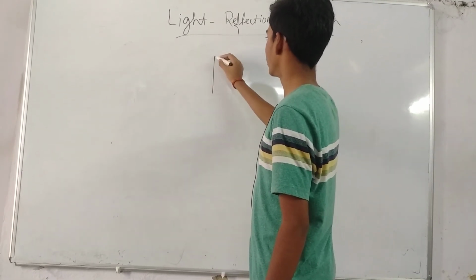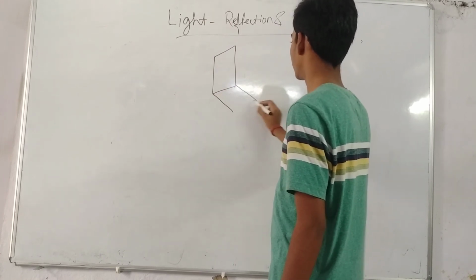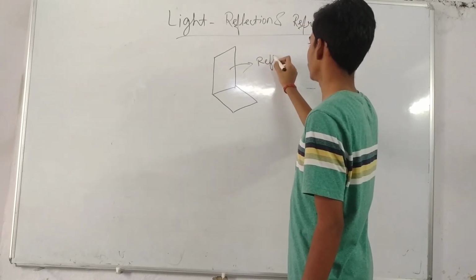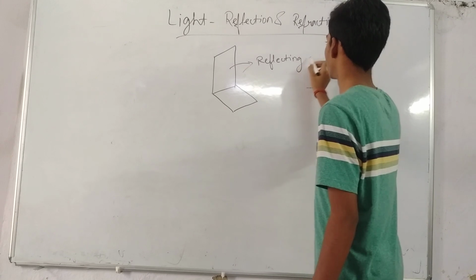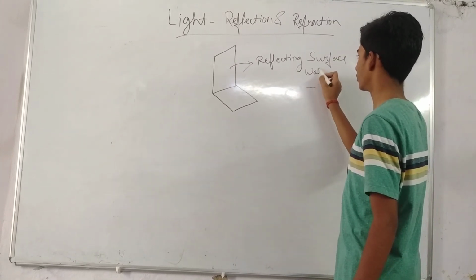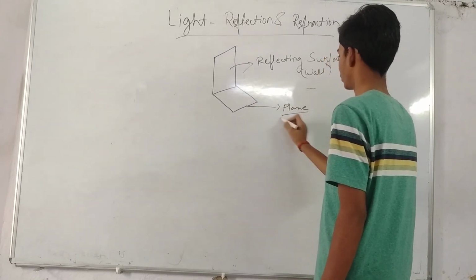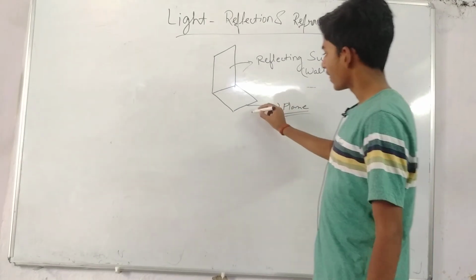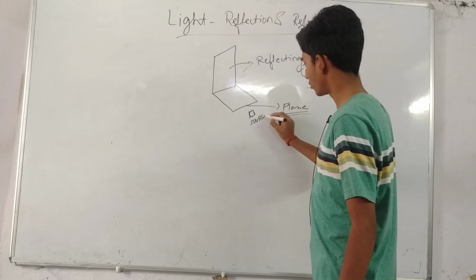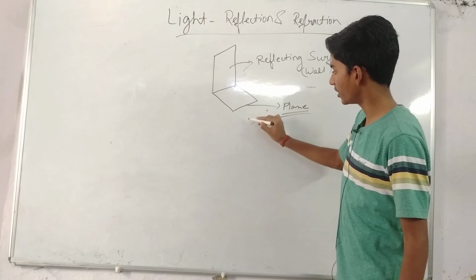For example, suppose this is the reflecting surface, for example, a wall. This is a plane. So if here is a source of light, sorry, not here, it will be here.